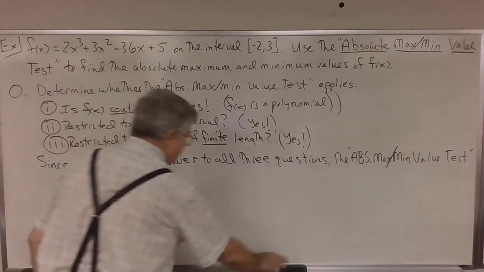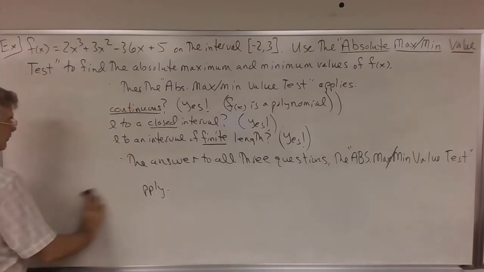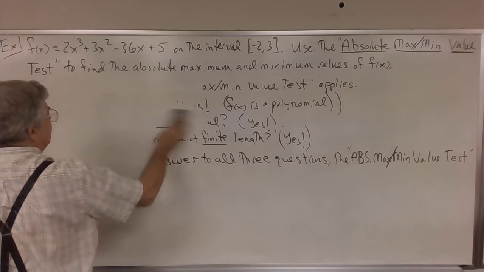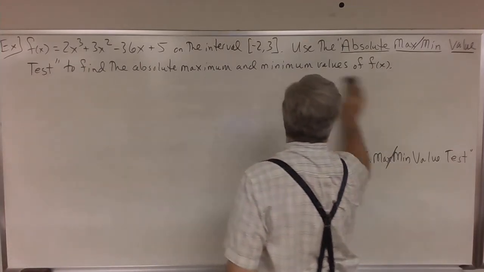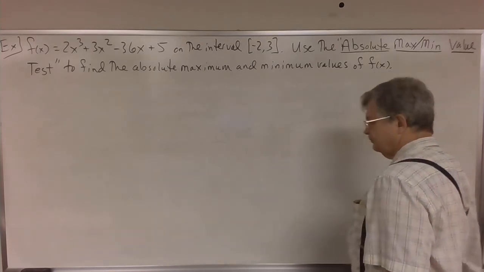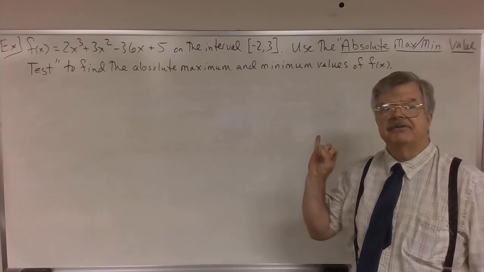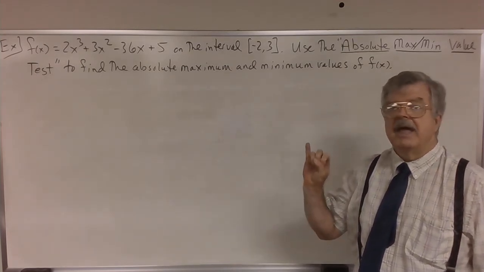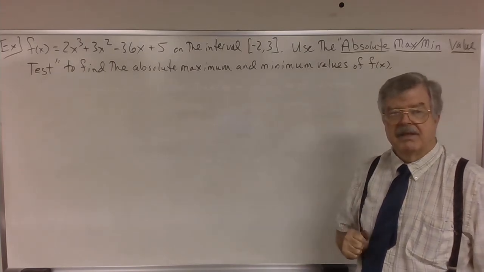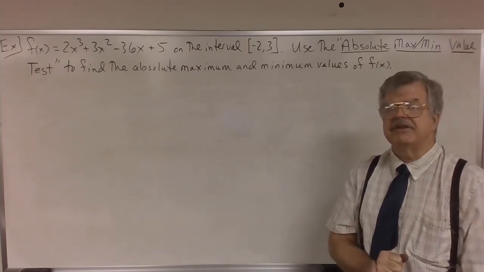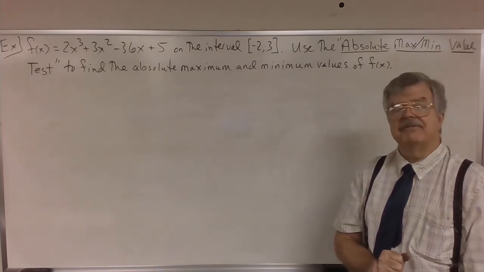Now let's go to step 1. Now, under these conditions, where f of x is continuous and it's restricted to a closed interval of finite length, we're guaranteed to have an absolute maximum value and an absolute minimum value.